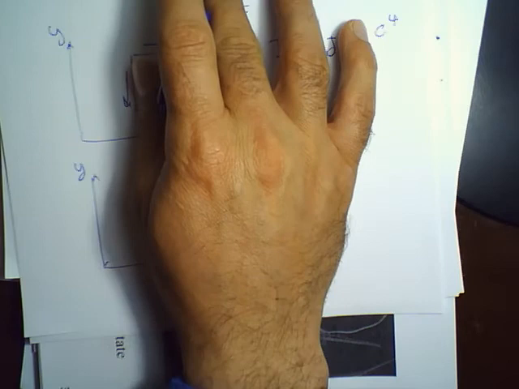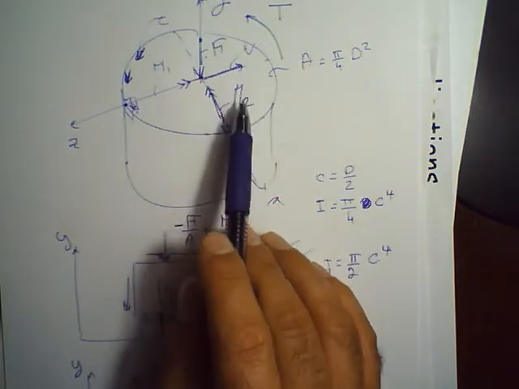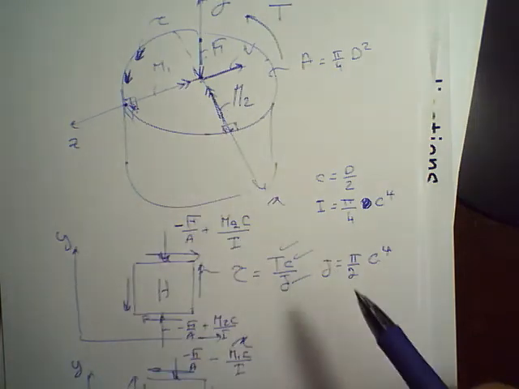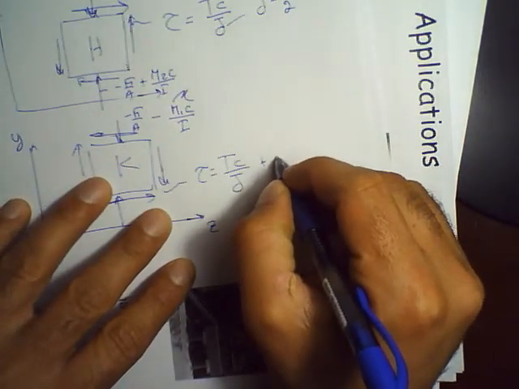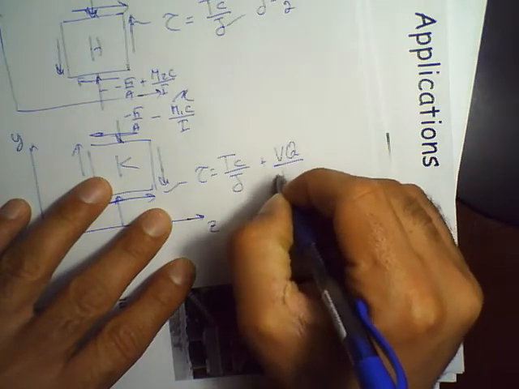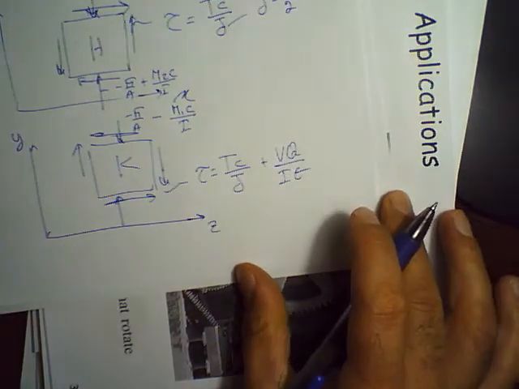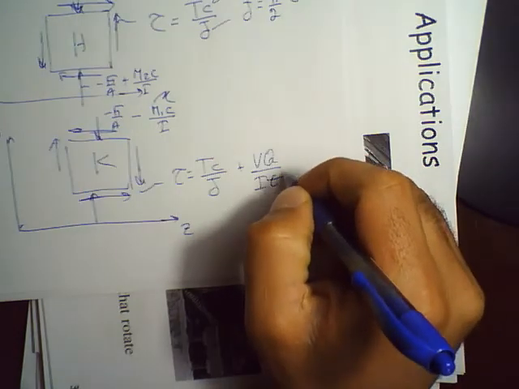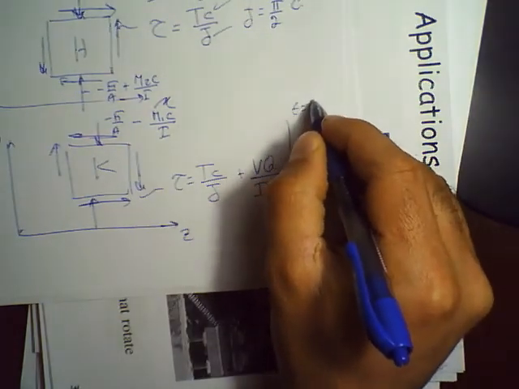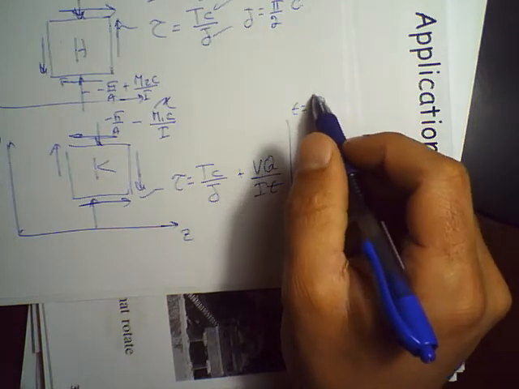And what else do we have going on here in terms of shear? We actually have a shear caused by that shear force, right? We have a shear caused by that shear force because this is located at the neutral axis. So here you have to add plus what? VQ over IT, right? And what is the T in this case? The T is going to be equal to the diameter, right?